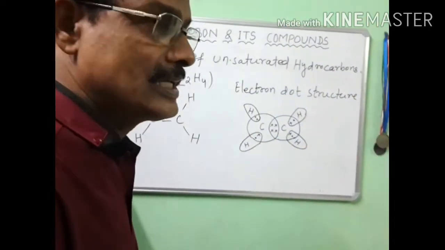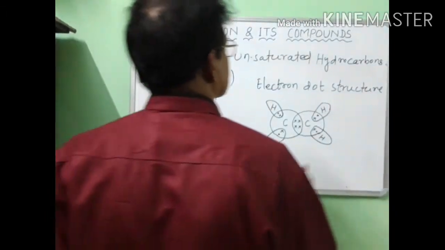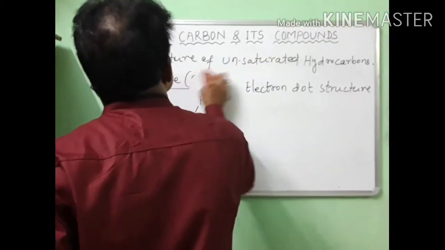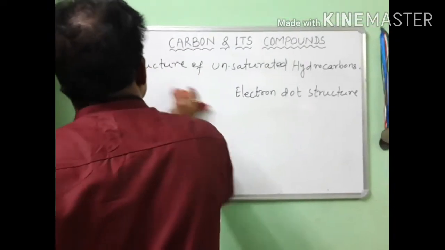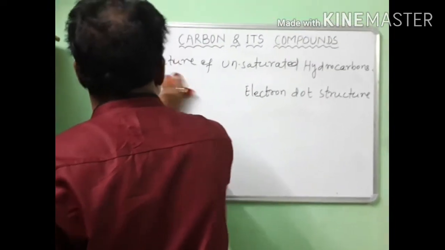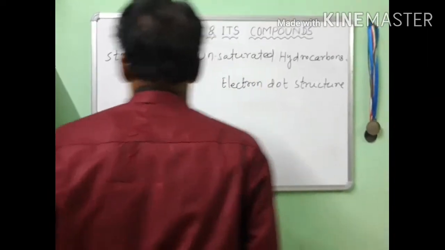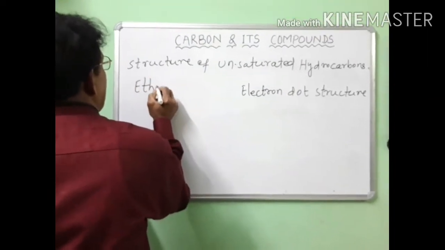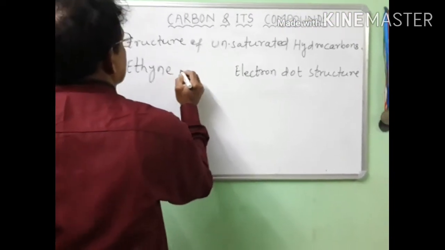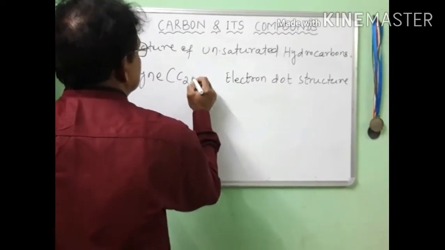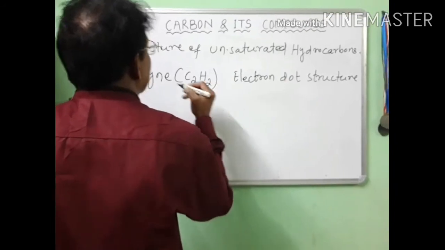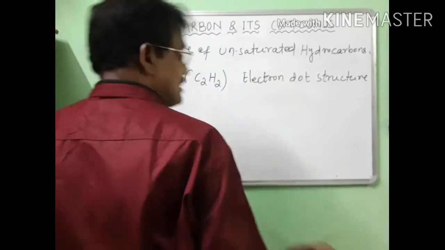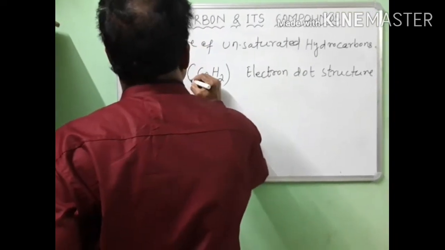Next is ethyne. The formula is C2H2. Ethyne is also an unsaturated hydrocarbon.